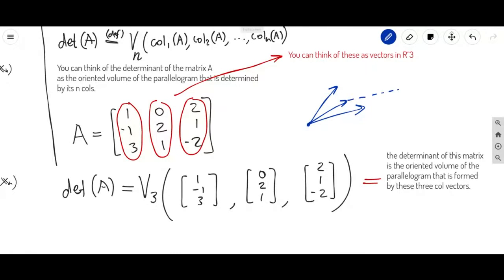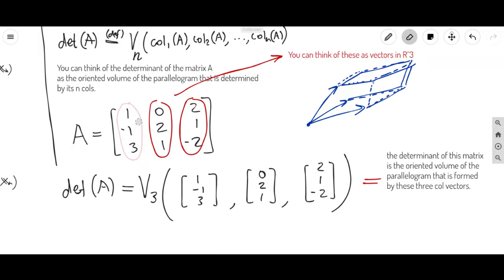You're going to have some kind of parallelogram solid that is made out of these vectors. And that's what the determinant is doing. The determinant is calculating the volume of the parallelogram that is formed by these three vectors.